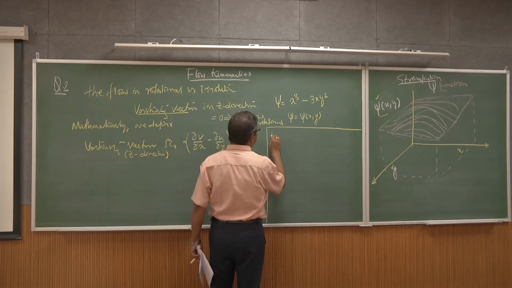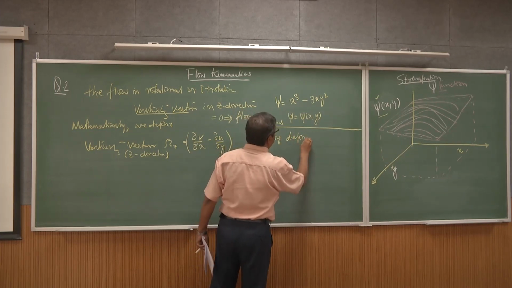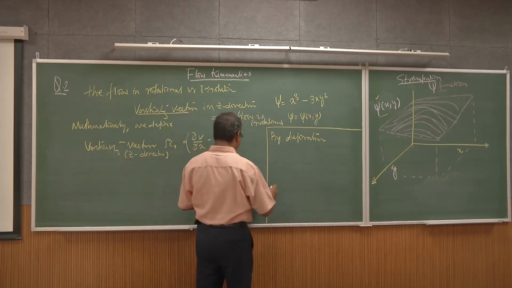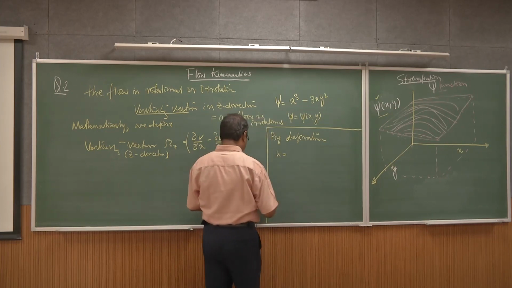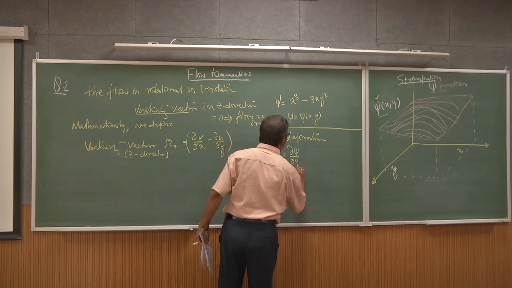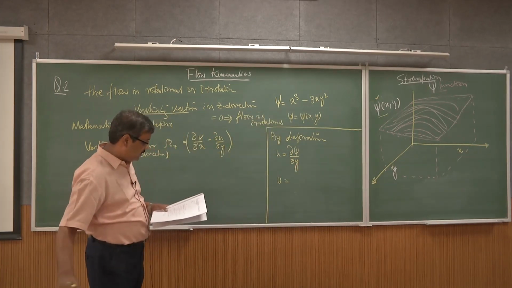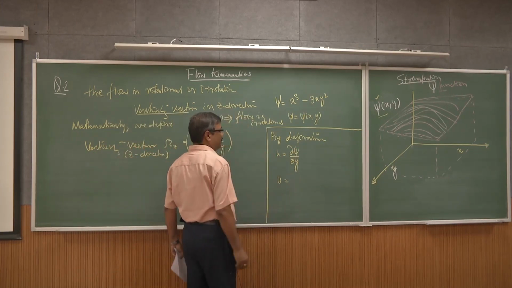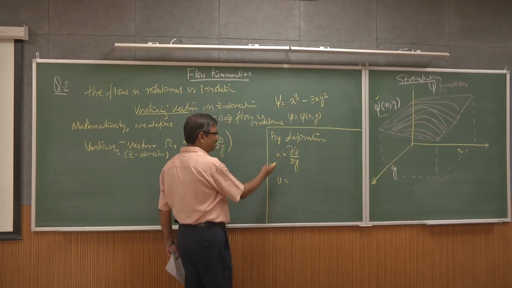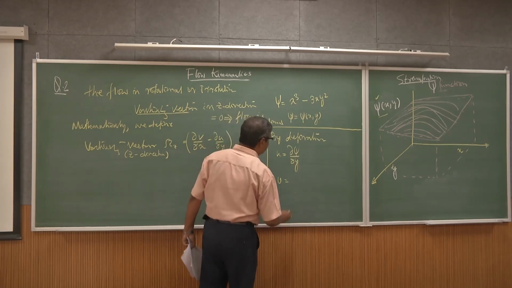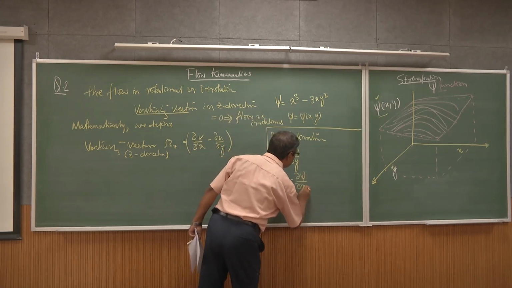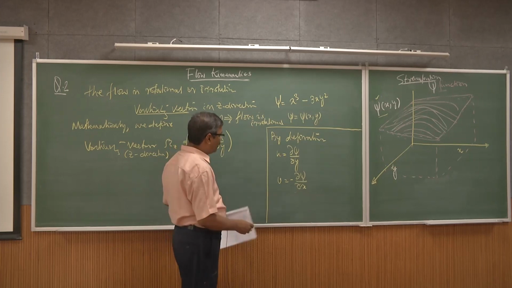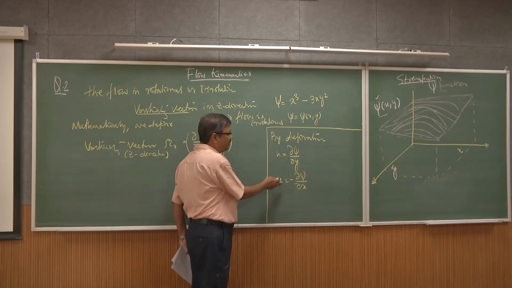By definition, the velocity component u is the partial derivative of the stream function psi with respect to y, which gives the scalar component in the x direction, and v is the negative of the partial derivative with respect to x, which represents the scalar component in the y direction.